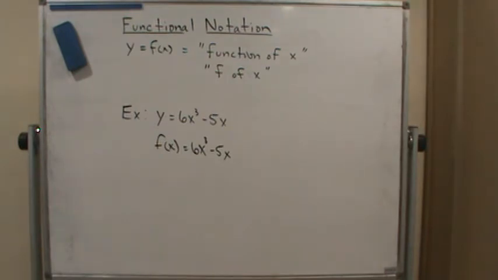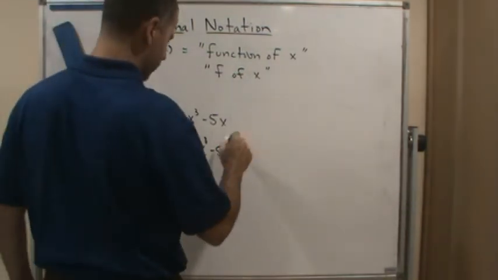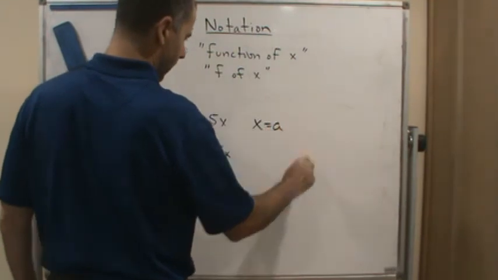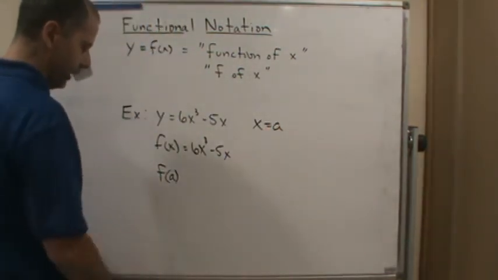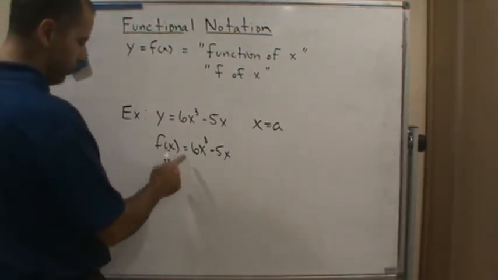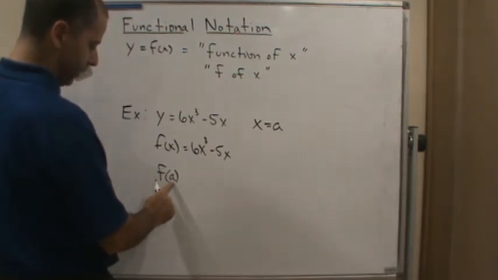Another thing about functions is that when we evaluate a function, we can look at the value of the function at a particular value a, for example when x equals some value a. In other words, I want to evaluate the function at f of a. What does that mean? It means that wherever there's an x, I'm going to substitute in whatever's in here.